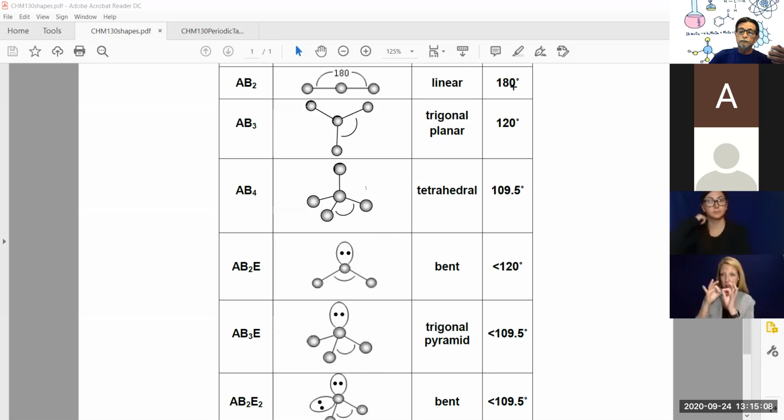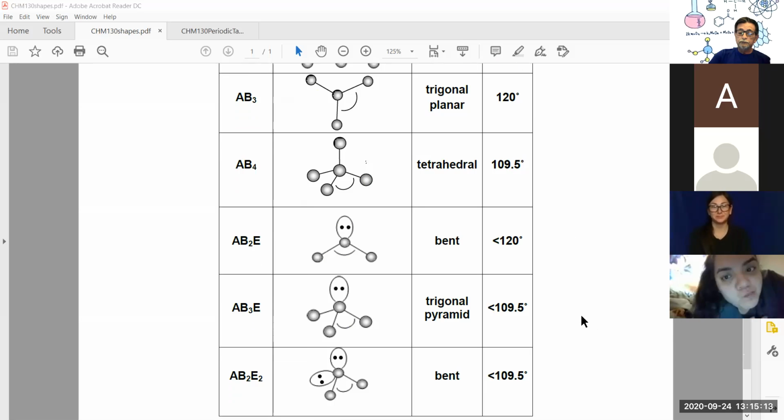Sure, no problem. All right, and so going on down, the last example is here we have the lone atom A. In this case, we have two lone pairs, and they're going to take up a lot more space compared to one lone pair, and therefore our bond angle in this case is much less than 109.5.